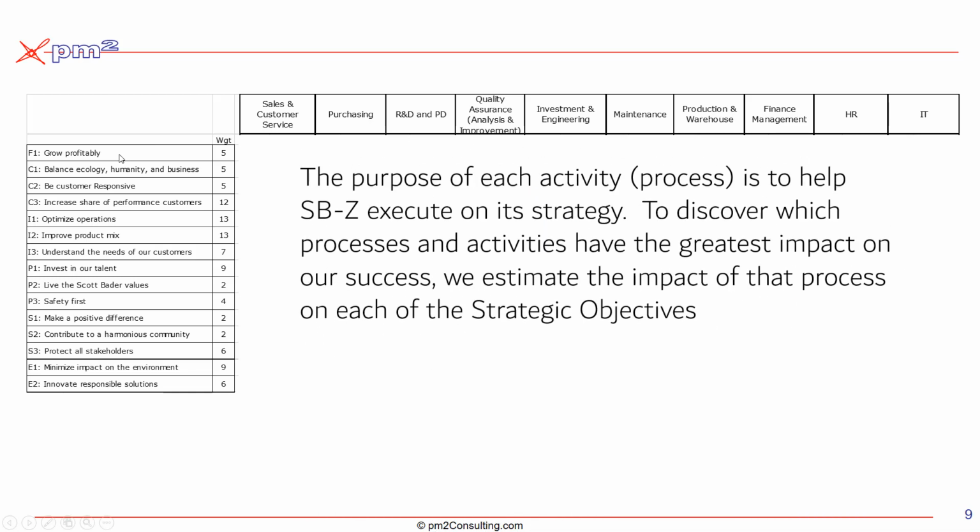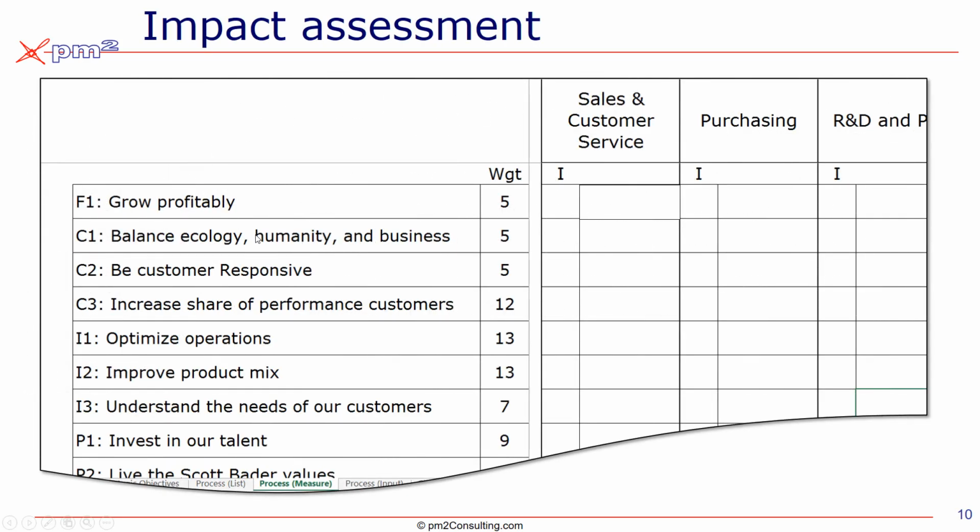So through the ontology, what we want to do is assess the impact of this process on our ability to achieve this strategic goal. Obviously, if a process has a higher impact on a higher weighted goal, by definition, that process is more important. Let's take a look at this in more detail.